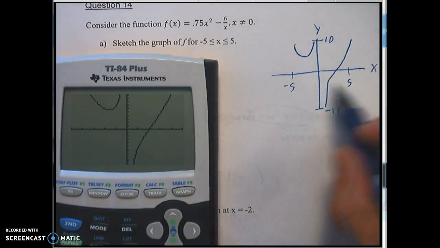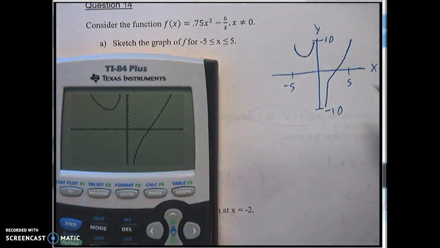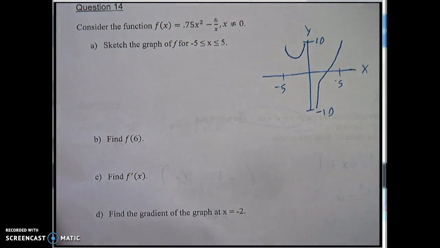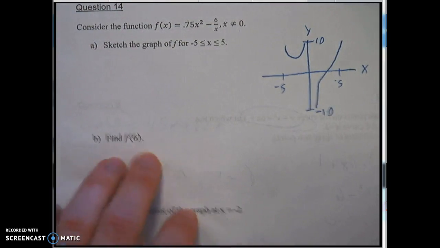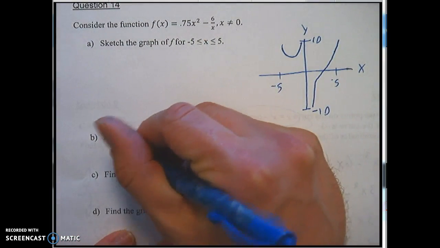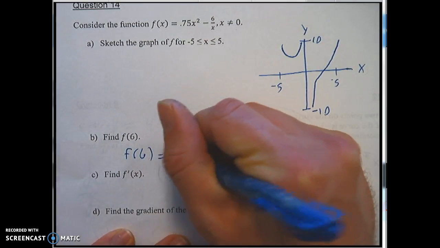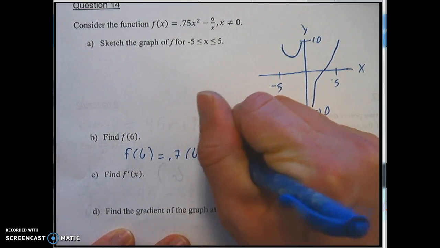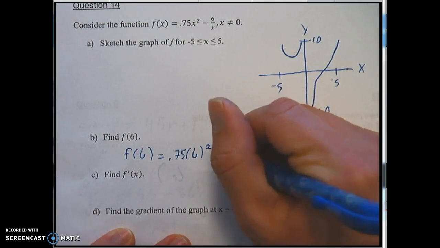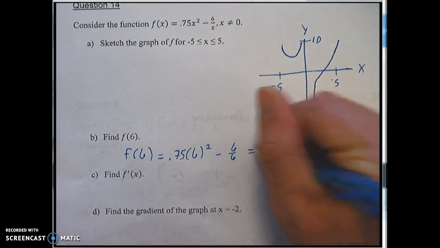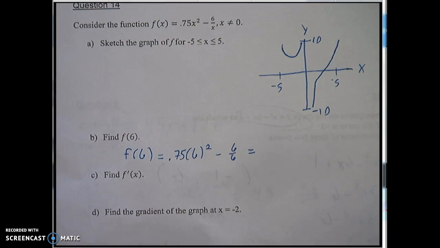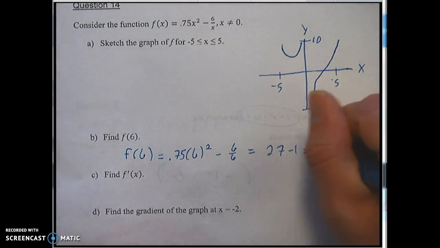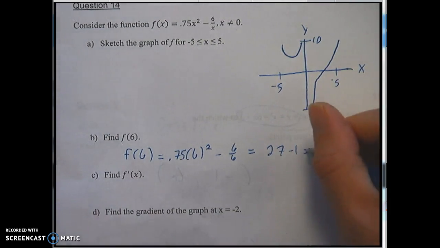What you do have is two numbers on each axis scale, two numbers on the x-axis, two numbers on the y, and then a rough picture of what this thing looks like, which we've got. So I'm supposed to find f of 6, meaning I'm plugging a 6 in for x: 0.75 times 6 squared minus 6 over 6. Well, 6 squared is 36 times 0.75 is 27, minus 1 is 26.